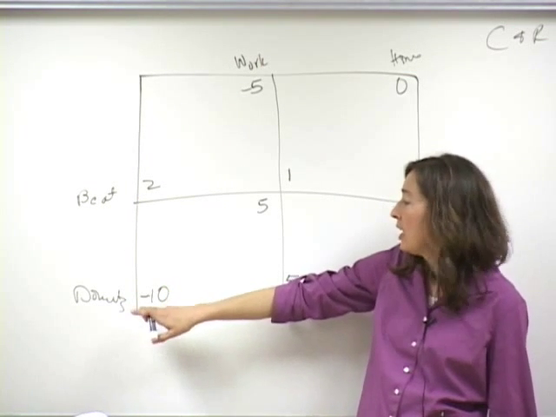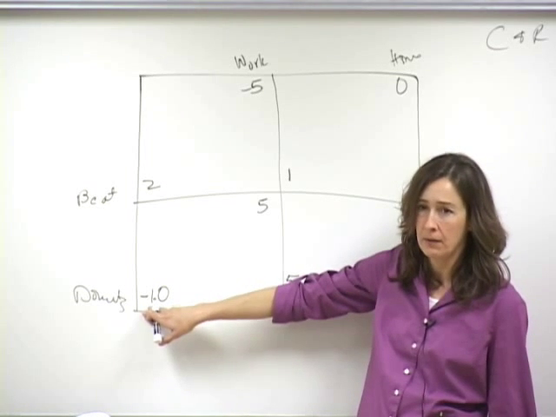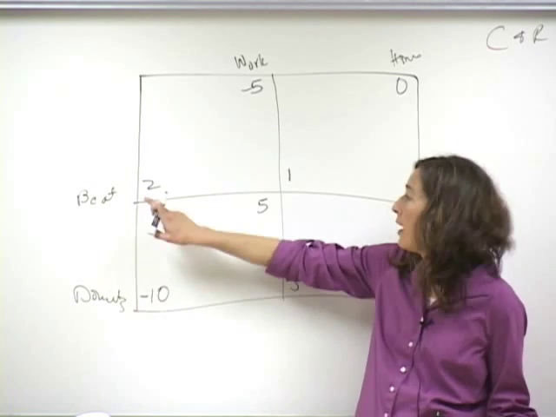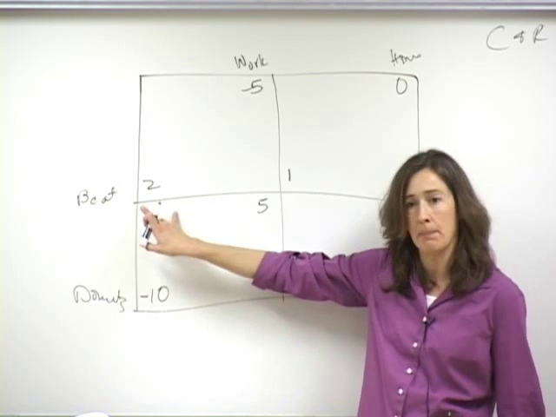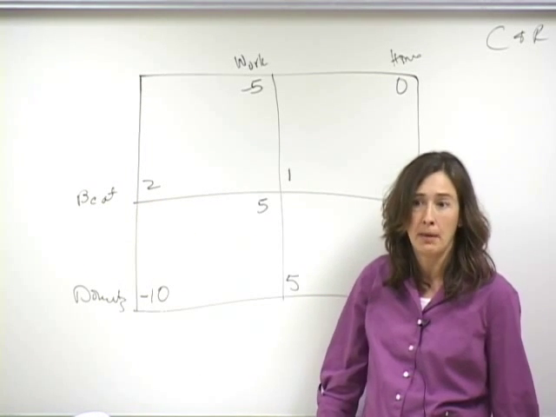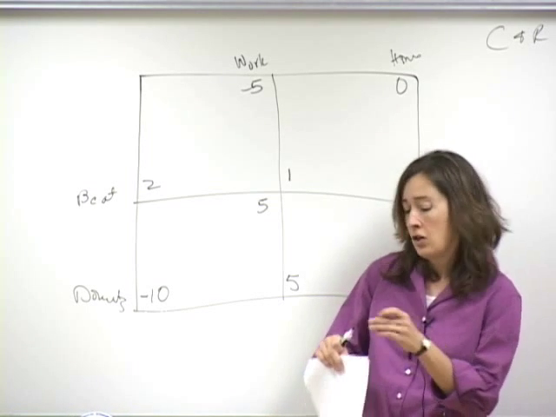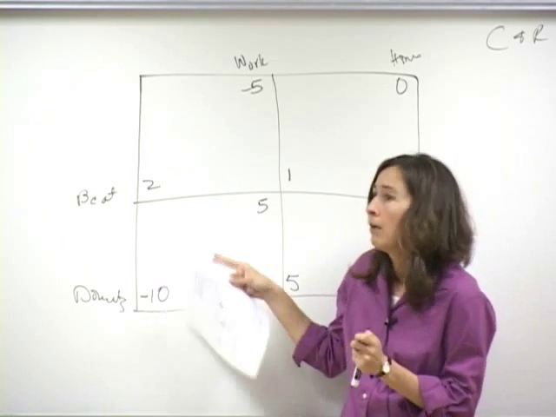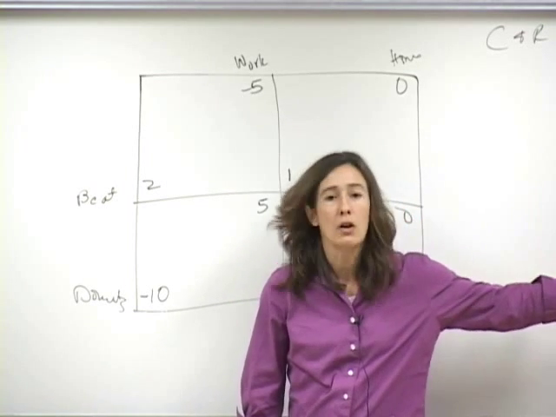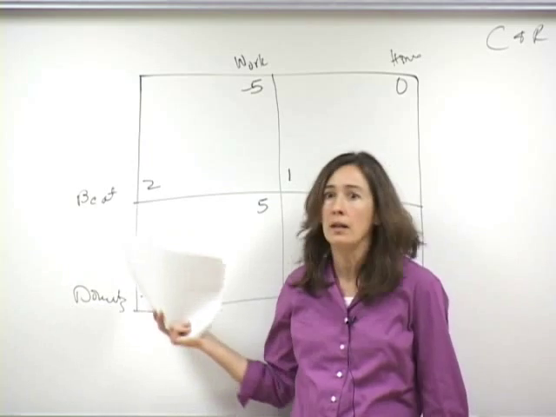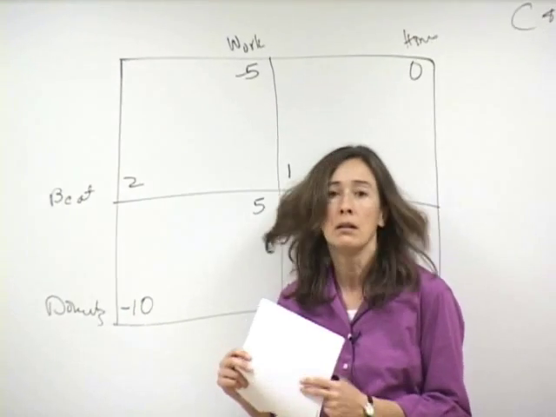I'm changing the cop's payoffs, but the cop's decision of whether to be on the beat or in the donut shop or not doesn't depend on their payoffs. It depends on the robber's payoffs. Okay? So in this game, version 3, you don't even have to work it out. You can just look over there. What is the probability that the cops are going to be on the beat?